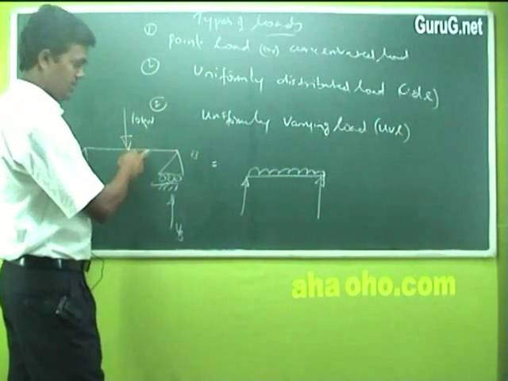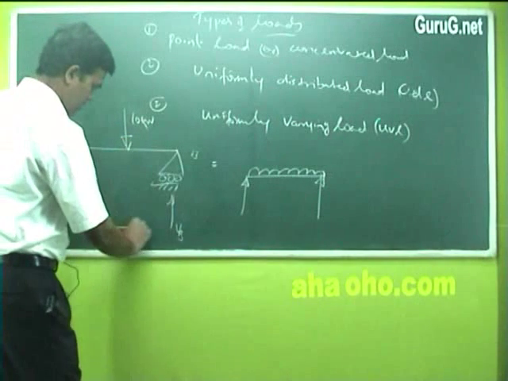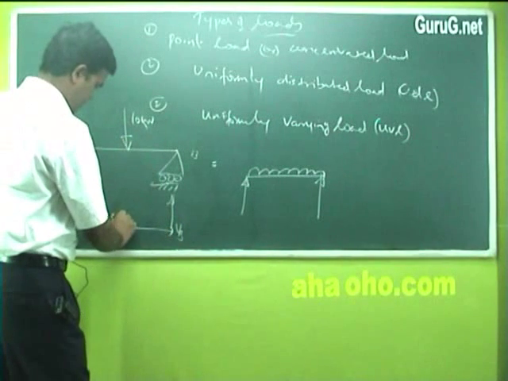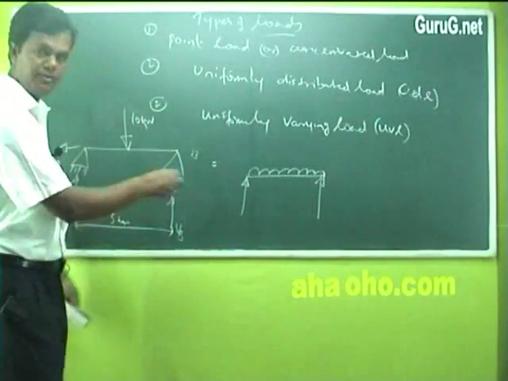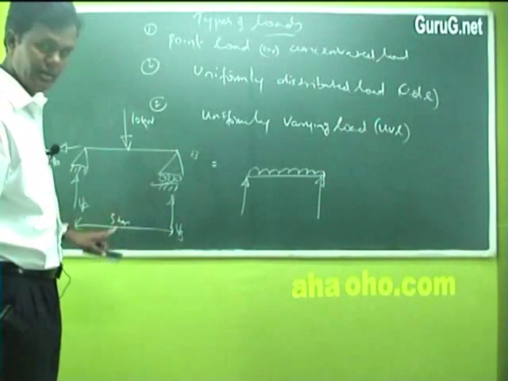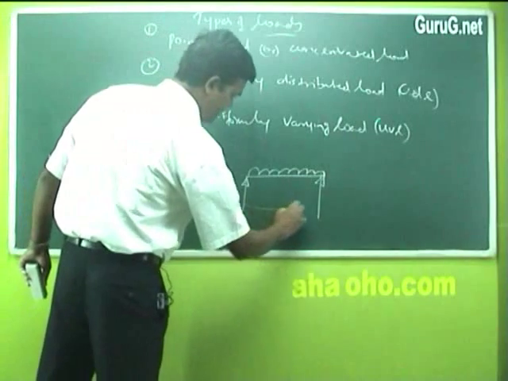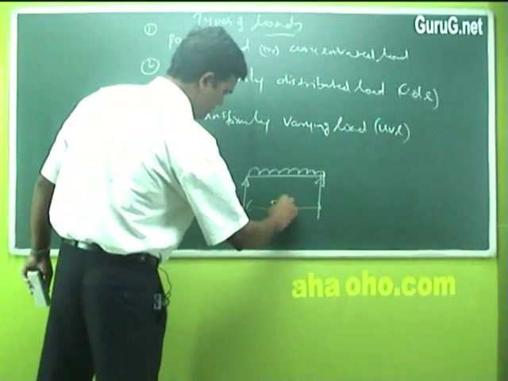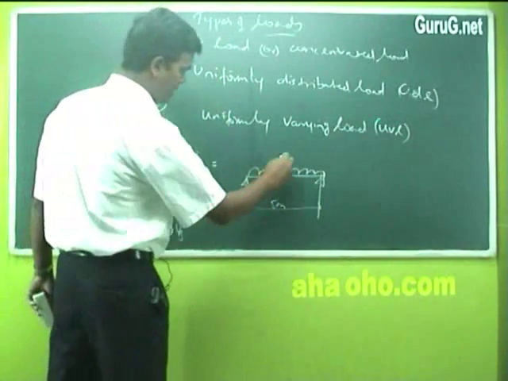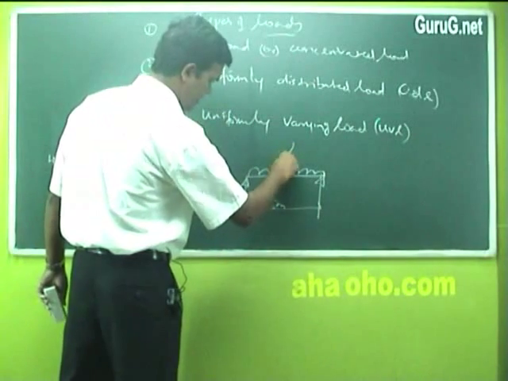How to write this is, the beam length is a span of 5 meter. I will show an arrow mark like this.